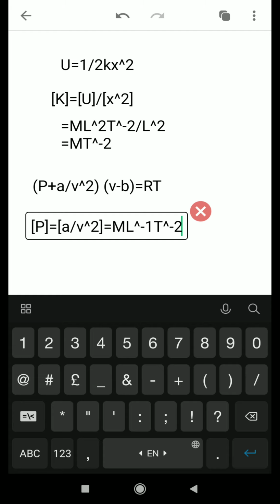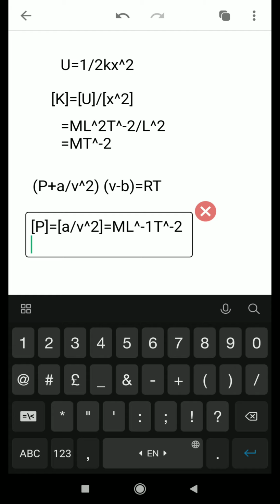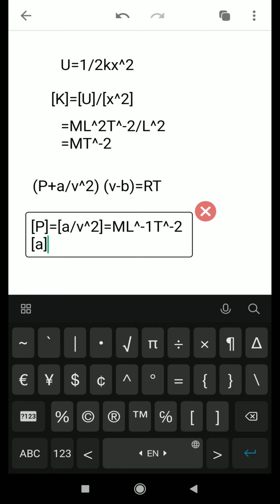So the dimension of a equals V square multiplied with P. Clear? So M L inverse T to the power minus 2 into the dimension of V square.